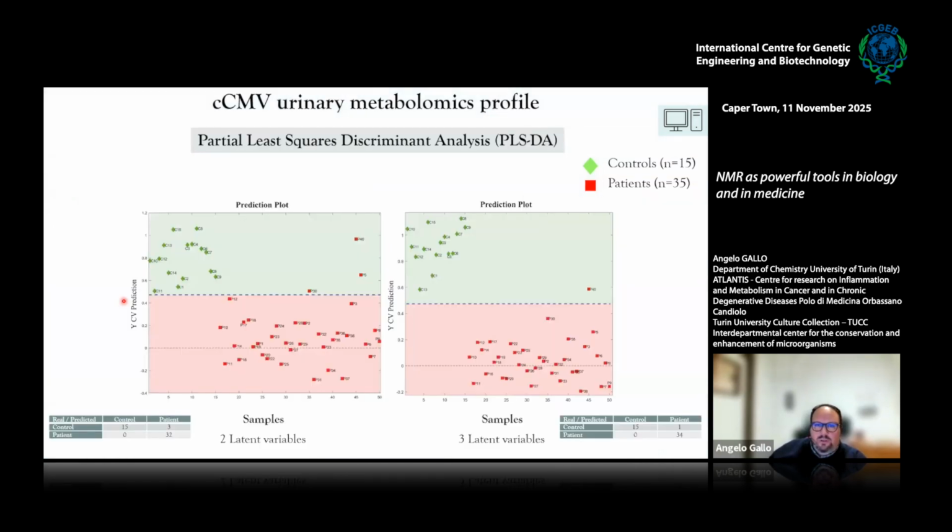We decided to go for a more detailed analysis using the partial least square discriminant analysis, PLSDA, and we were able, using two latent variables, to correctly assign 32 patients out of 35. Instead, using 3 latent variables, we were able to assign 34 out of 35.